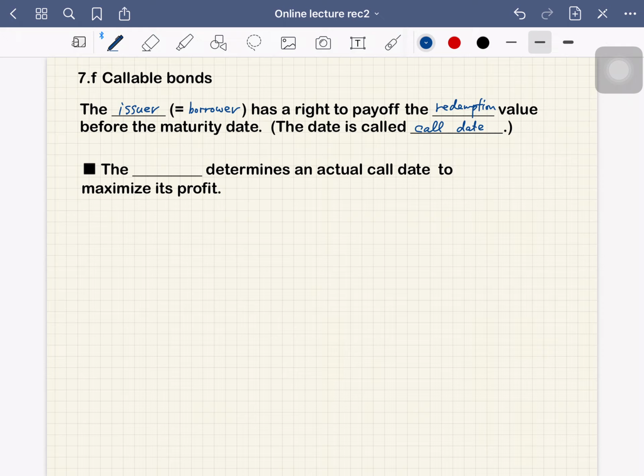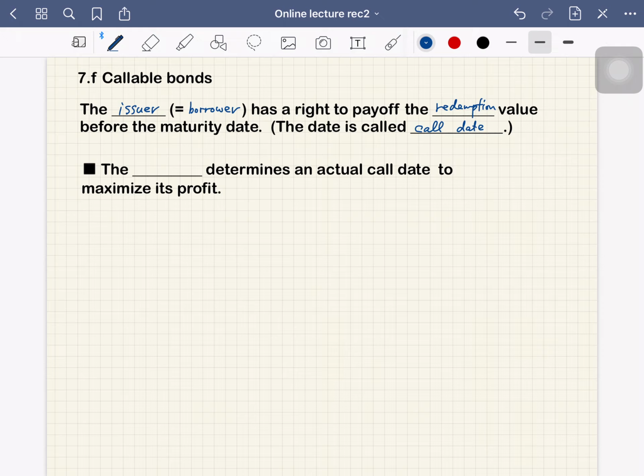In reality, this happens when interest rates change. Suppose the interest rate gets lower, then the issuer wants to pay off the redemption value to end the contract. Then the issuer doesn't have to pay a high coupon. That is a benefit for the issuer.